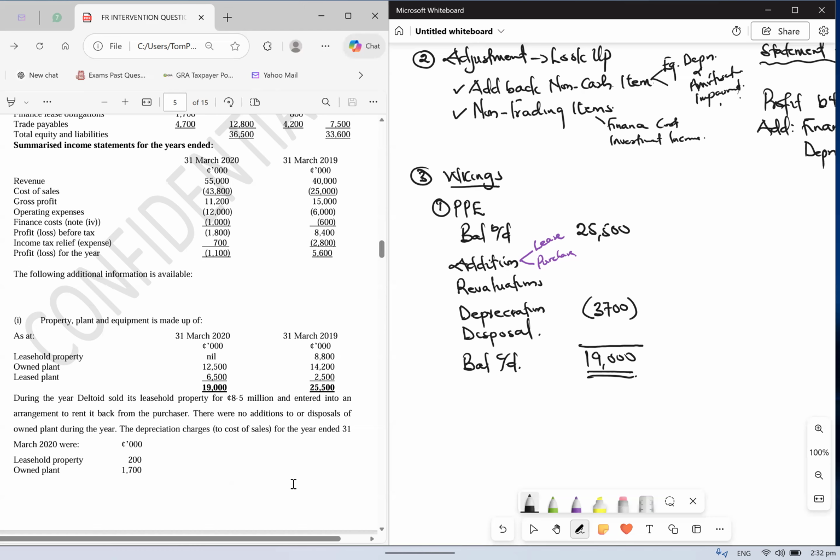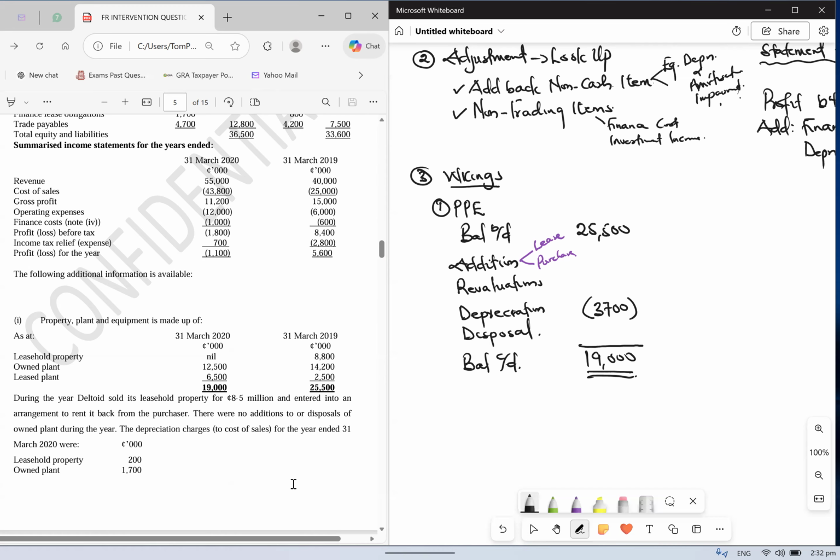There were no addition to or disposal of own plants. Okay. If there were no addition, then why has it reduced from here to here? So the breakdown of the asset too is given to us. That's the breakdown of the assets. All right.